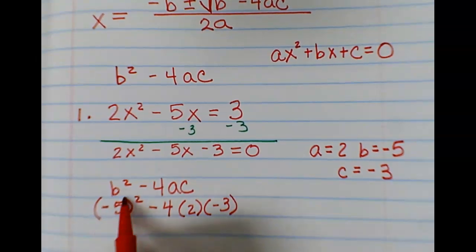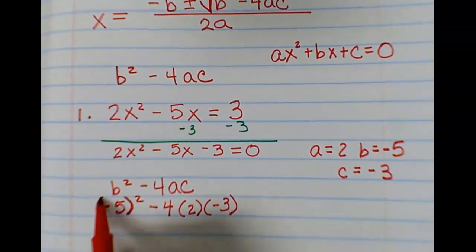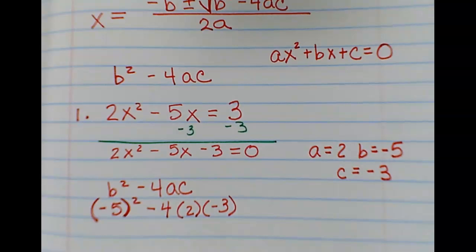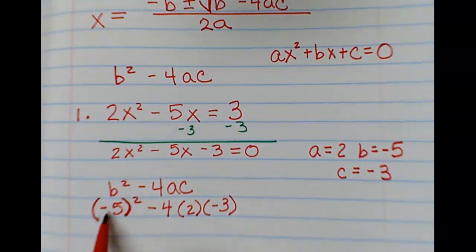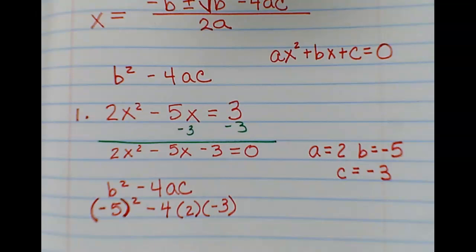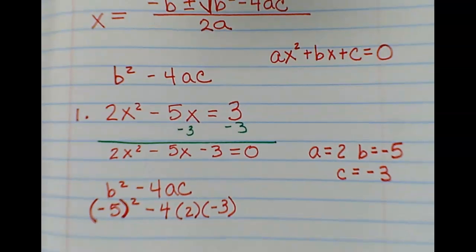Now, if you're using a calculator, and if you put -5 squared in your calculator without parentheses, it will tell you the answer is -25. It is not telling you the truth. -5 times -5 is what? Positive or -25?